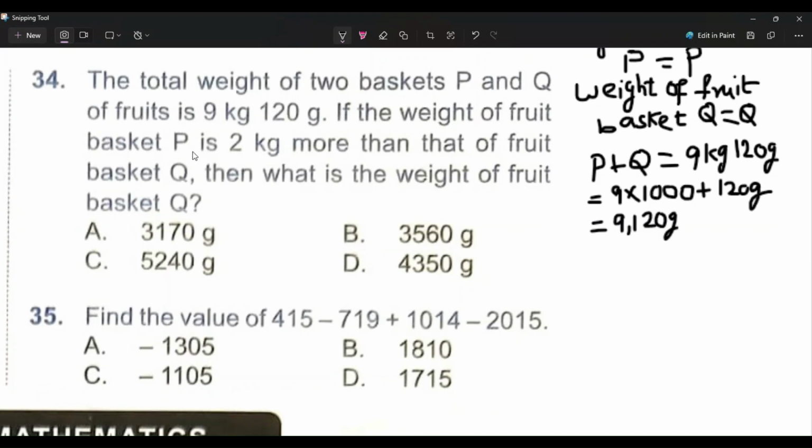If the weight of fruit basket P is 2 kg more than that of fruit basket Q, so P is nothing but Q plus 2 kg more than that of Q. So how do we write P is equal to Q plus 2 into 1000, 2000 grams.